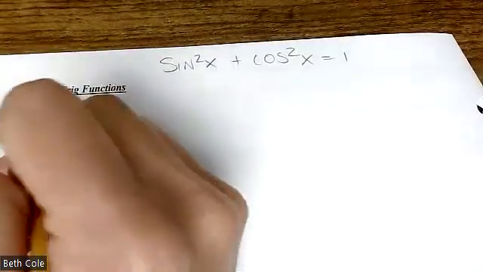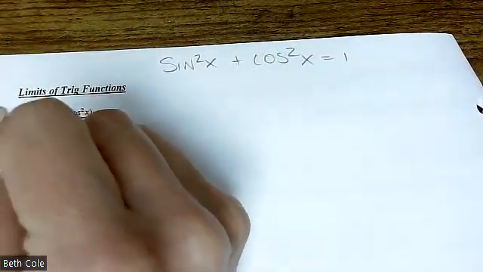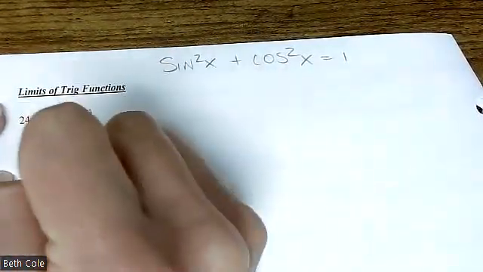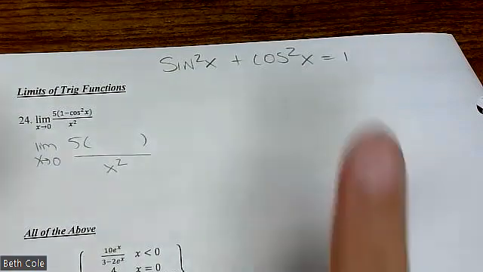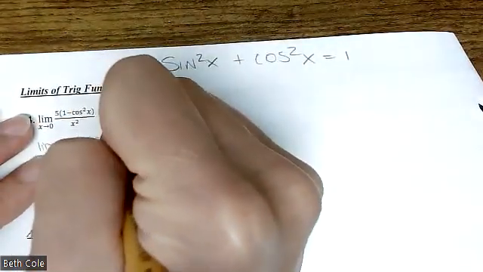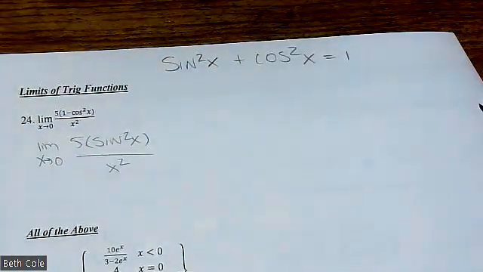So when you look at this limit, go ahead and write limit x goes to 0. What can you replace that 1 minus cosine squared with? It would be sine squared, because 1 minus cosine squared is going to be sine squared. And then I have one more step to show you how it turns out.